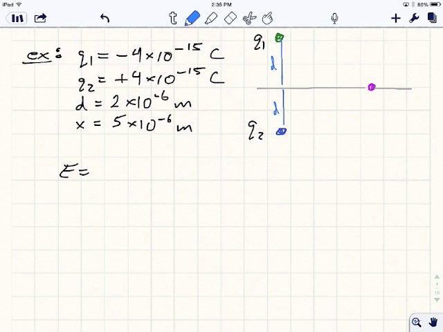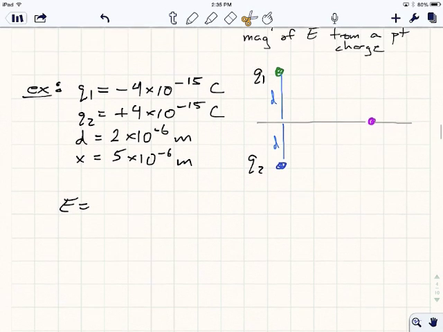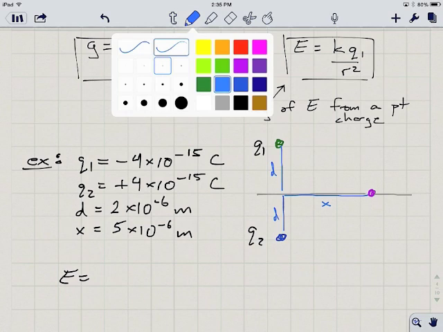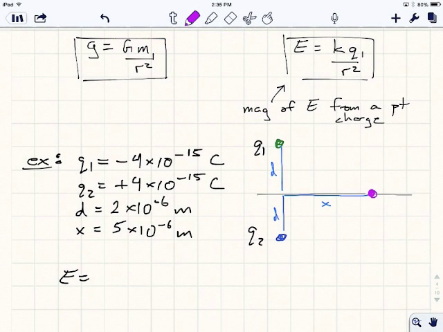Now, if I want to calculate the electric field at a point that's on this axis but a distance x away, then I can use the equation that I have above here, the magnitude of the electrostatic field from a point charge. So first, let's label this length here as x. What I want to know is what the electric field is at this point on that axis.